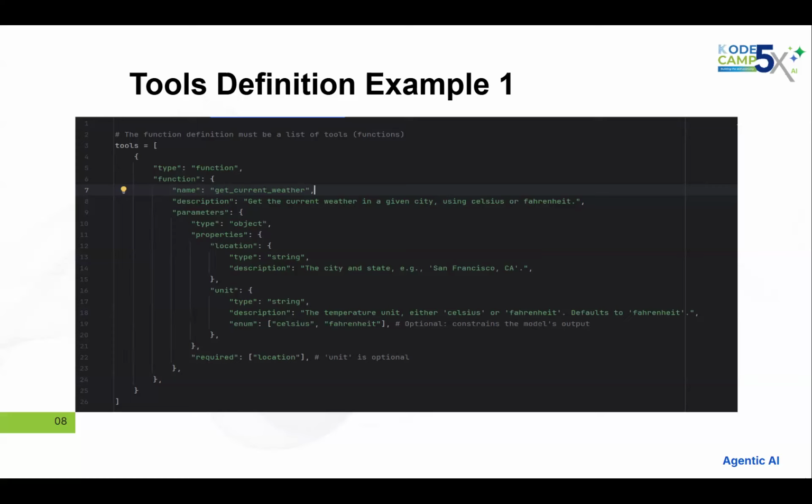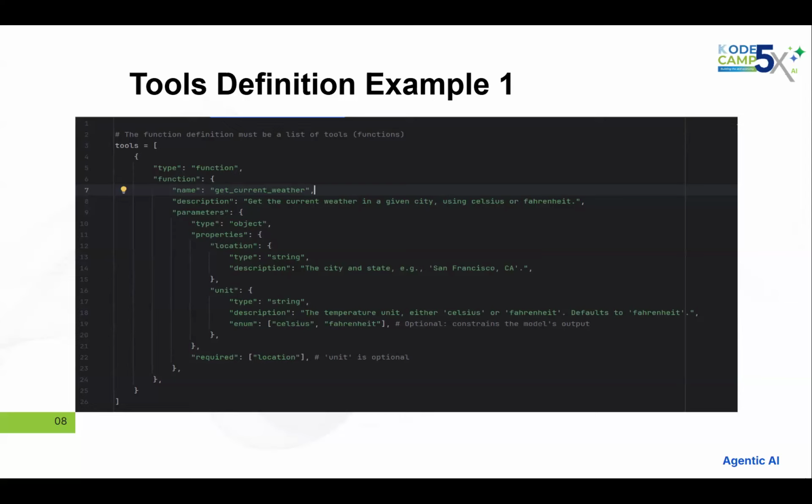And the parameters. The value of parameters is a JSON object, a JSON schema of this function, the get current weather function. The parameters itself is an object. The first entry is called properties.